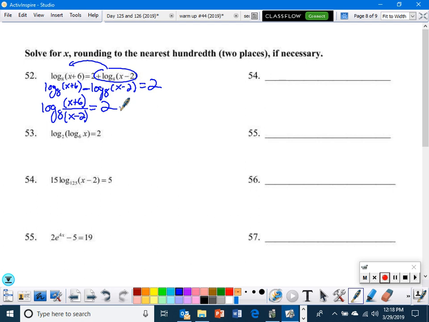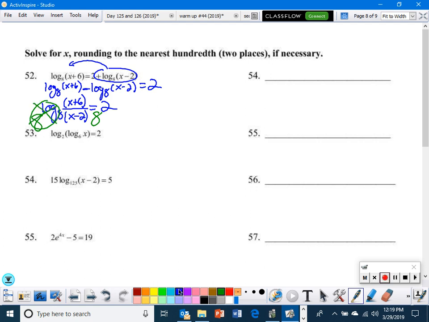Well, to get rid of the log base 8, I'm going to make these two things exponents, remember. So I'm going to put a big 8, so 8 squared. I don't have a lot of space here, so I'm squeezing it in there. So now the 8 and the log base 8 cancel each other.